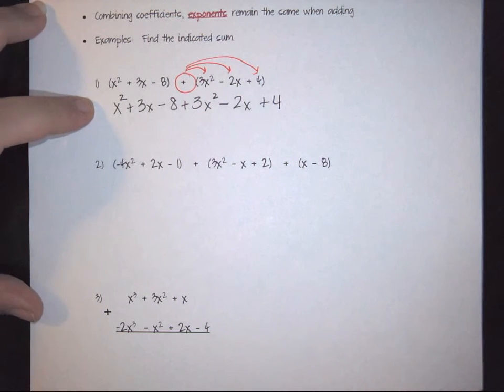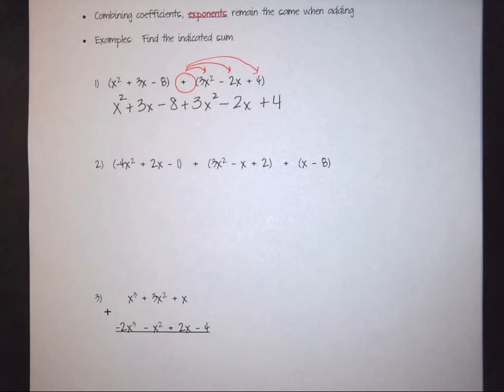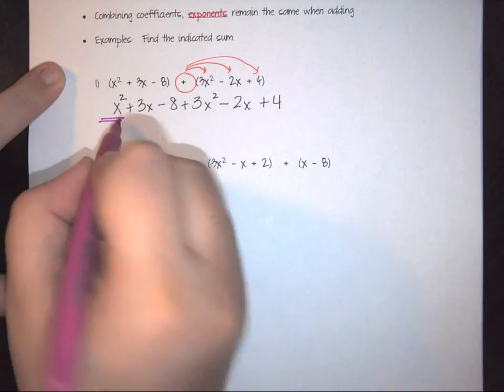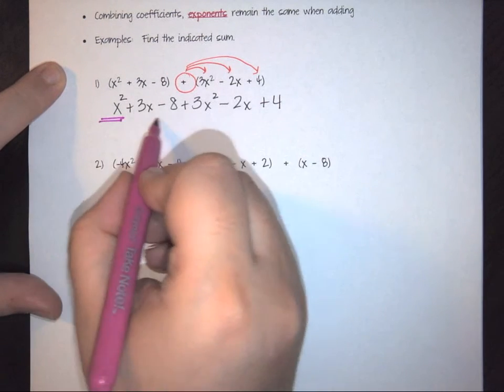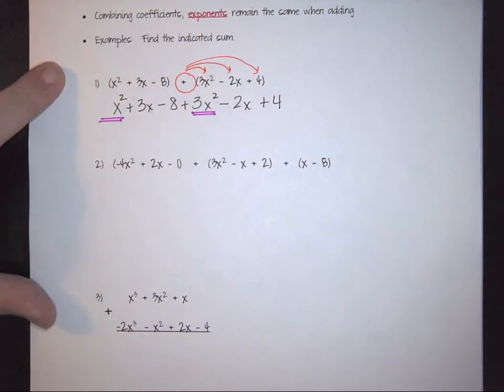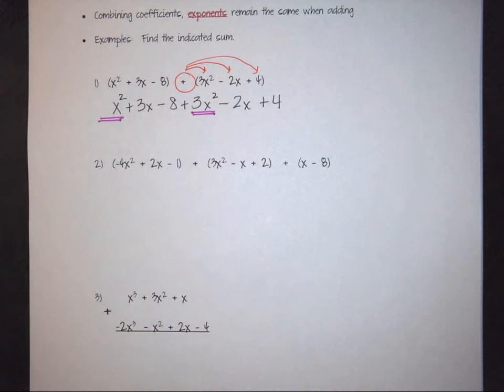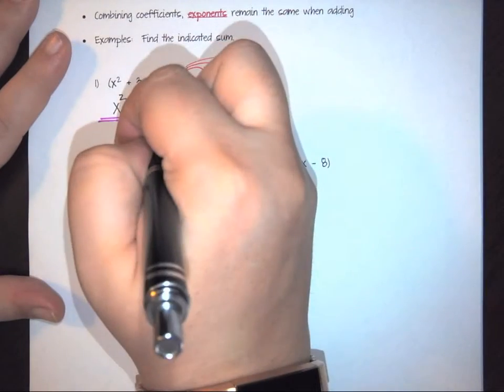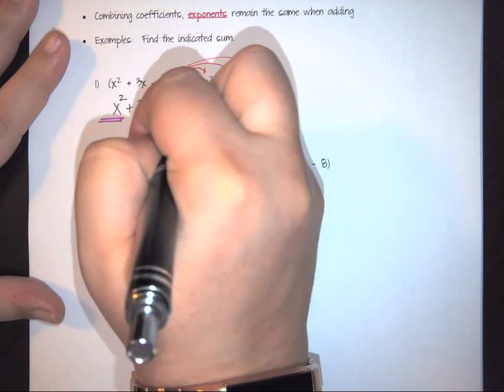Now we need to go ahead and start combining terms together. So first and foremost, we have an x squared term here. If we look down the line, we see we have another x squared term. So in this case, we need to combine them. Here I have 1x squared plus 3 more x squared gives me a total of 4x squared.